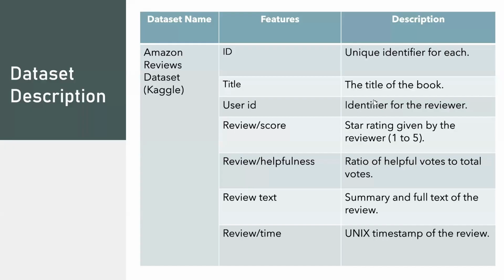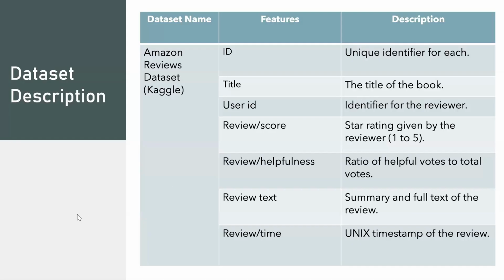And moving on, we have things like the helpfulness, as well as review text and review time. So this is what comprises our dataset as listed below. Moving on, let me hand over to my next colleague, Joanne.